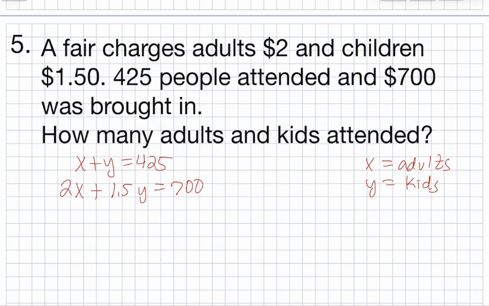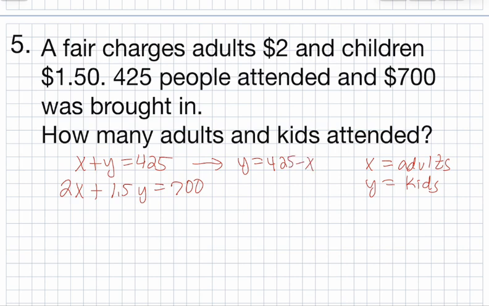Now earlier when we did these, for both of our linear equations, I used elimination. So at this time, you can use elimination. Go for it if you want. But I'm going to use substitution. So I'm going to take this equation here. I'm going to move the x to the other side and make it that y equals 425 minus x.